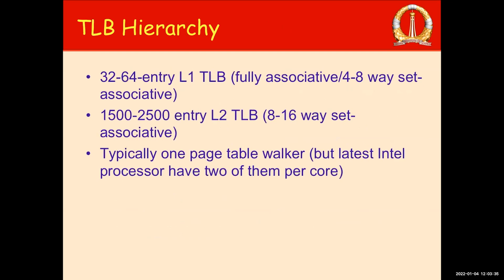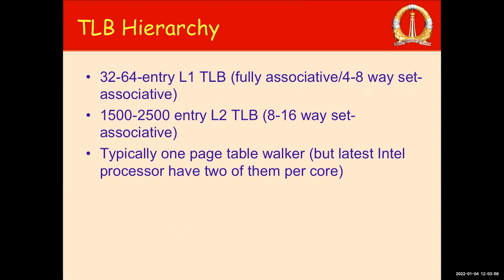The TLB itself is not a single level of hierarchy. It's also a multi-level TLB hierarchy. The first level has something like 32 or 64 entries of L1 TLB. The second level consists of as many as 1,500 entries to maybe even about 2,500 entries in the L2 TLB.